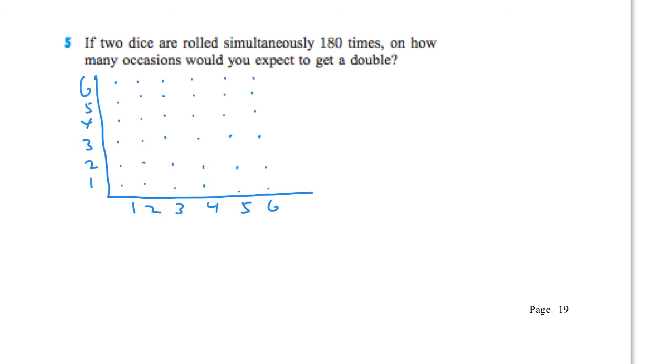So our doubles, I'm just going to use a highlighter for them, would be if we got a 1-1, a 2-2, a 3-3, a 4-4, a 5-5, a 6-6. So the probability I get a double is 6 out of 36.